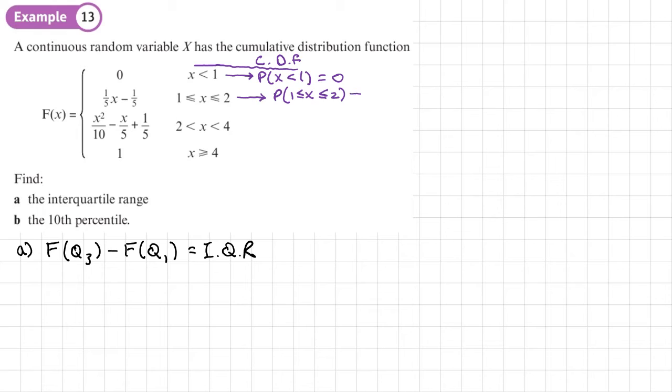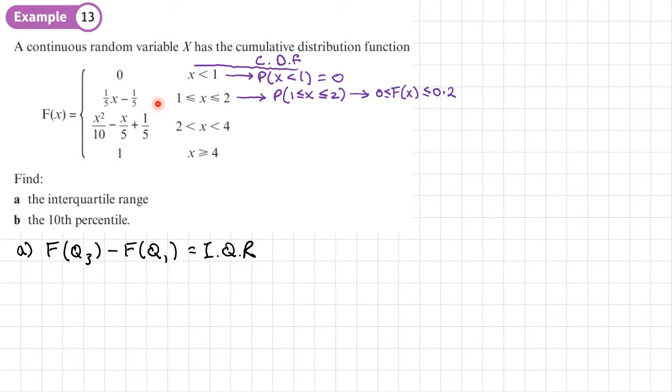Now this cumulative probability goes from a value of 0 to 0.2, and I'll tell you how I work those out. So it goes from 0 to 0.2.